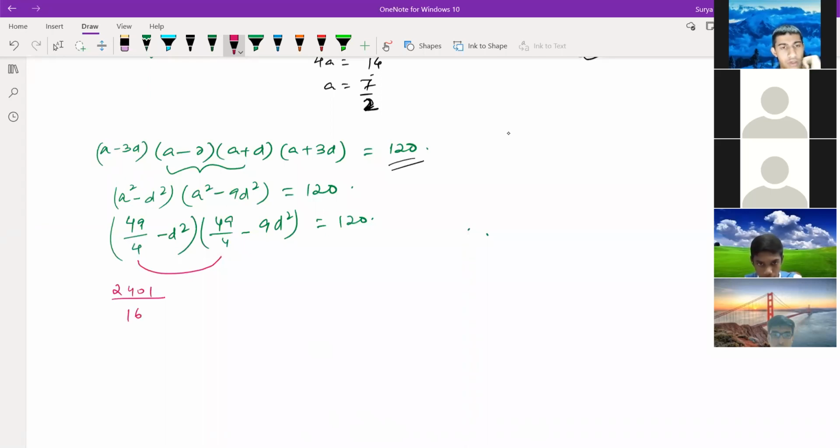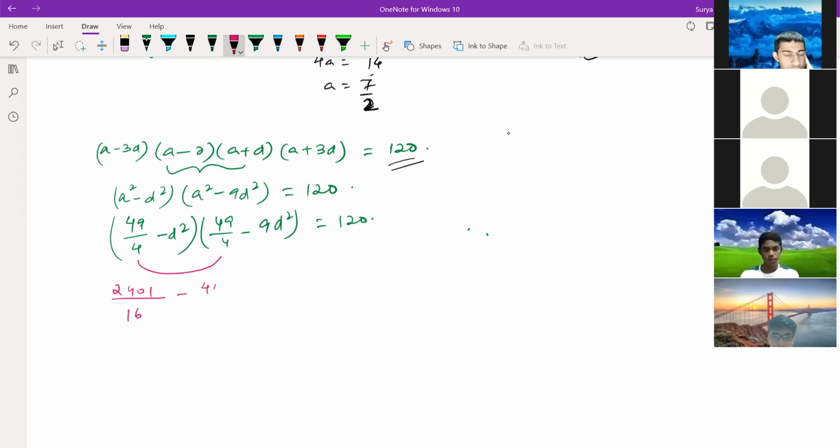So you're multiplying it. We have to multiply only. What extra thing can you do? I was just thinking if something was common. You can't take anything common. Now 49 by 4 into 9D square. You can't cancel over here, but you can write 49 into 9, that is 441.